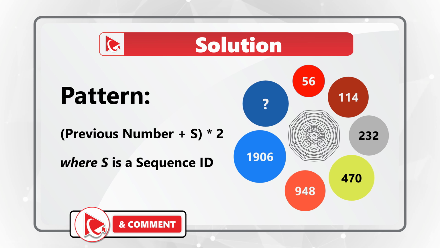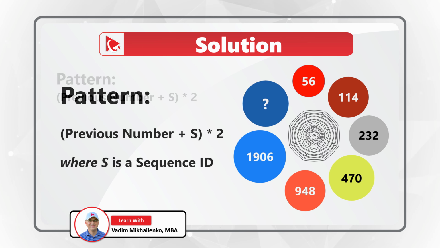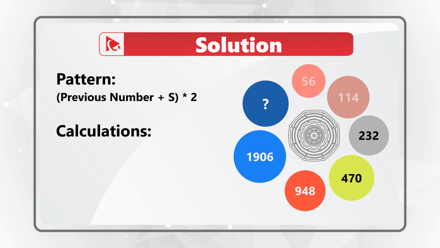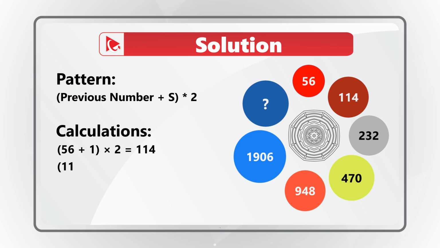So let's look at the simple calculations. The first number in the sequence is number 56. If we add 1 to 56, which is the sequence number, then multiplied by 2, 57 multiplied by 2 is 114. Let's do the same thing to number 114. 114 plus 2 multiplied by 2 equals 116 multiplied by 2, which is 232.